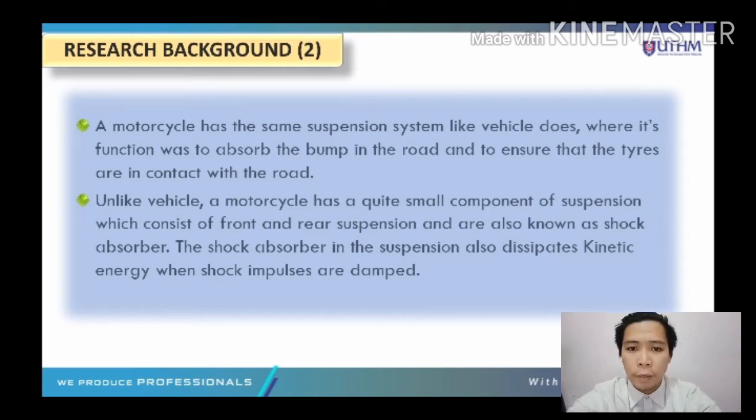Unlike a vehicle, a motorcycle has quite small suspension components, which consist of front and rear suspension, also known as a shock absorber. This shock absorber in the suspension also dissipates kinetic energy when shock impulses are damped.